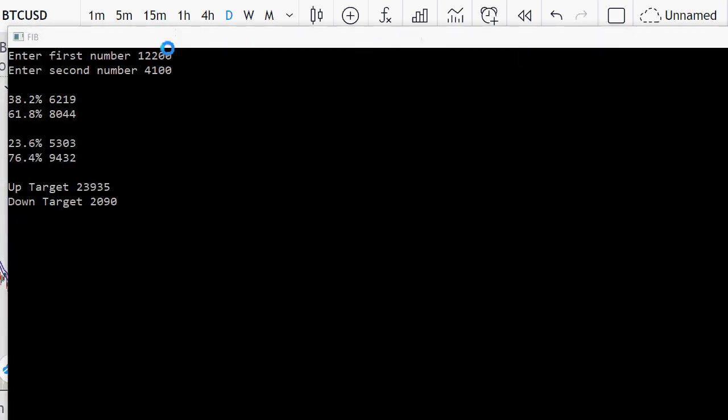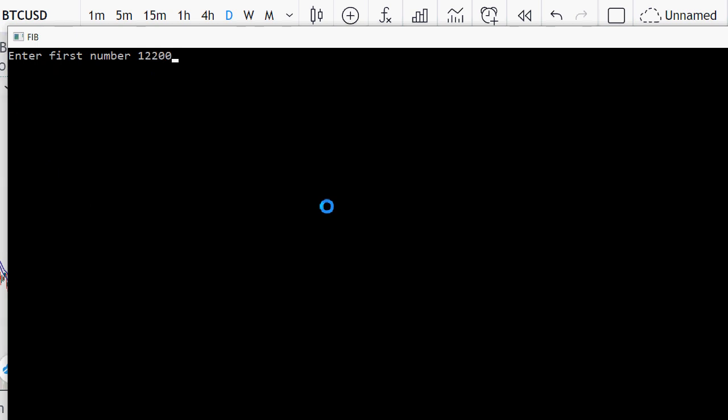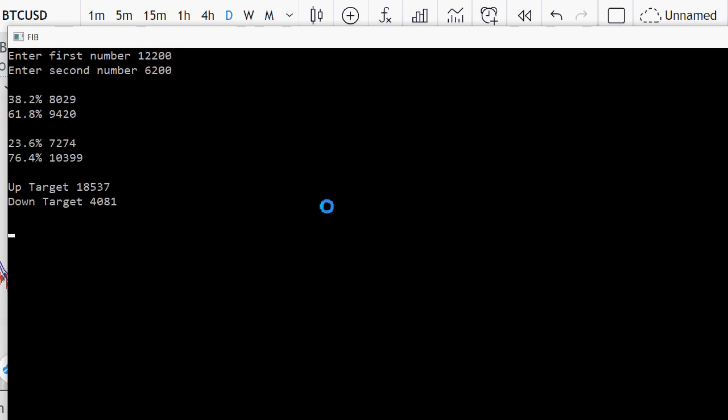I want to take the high divided by the low to get my upside target. So 12.2 divided by 6,200 is basically where I want to go from this.